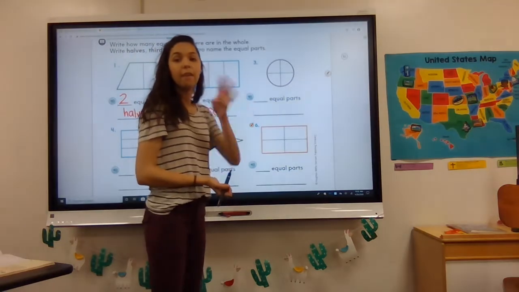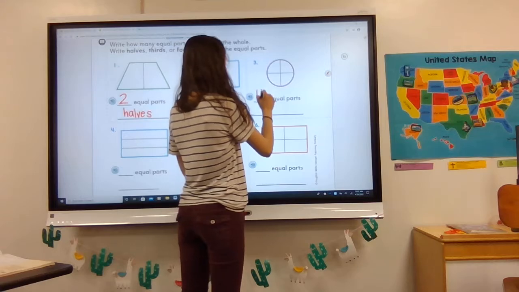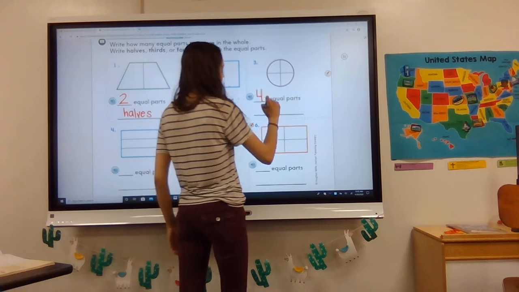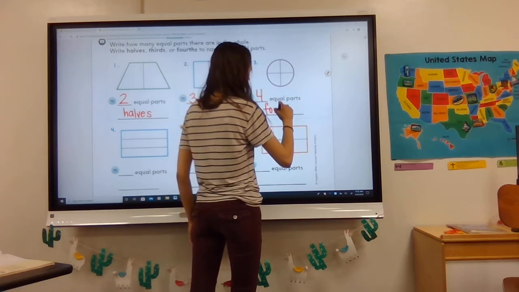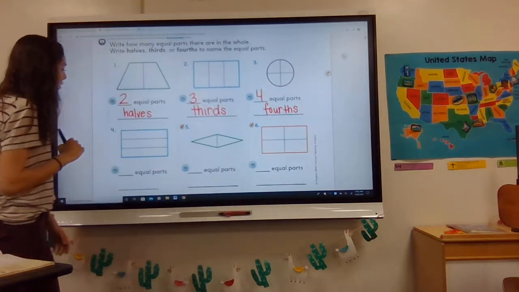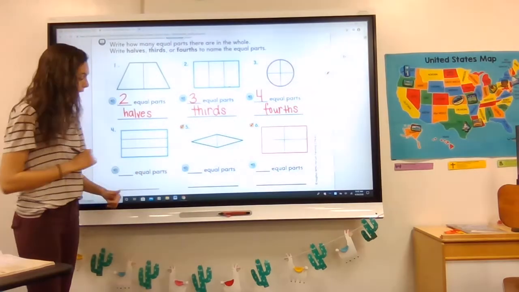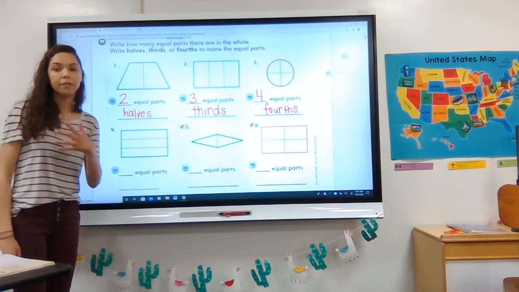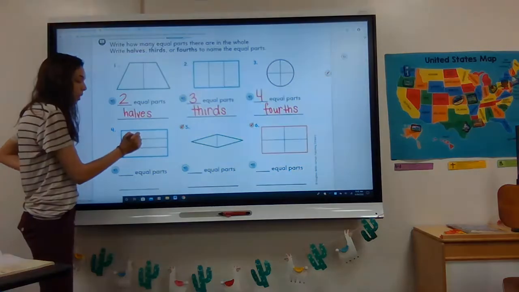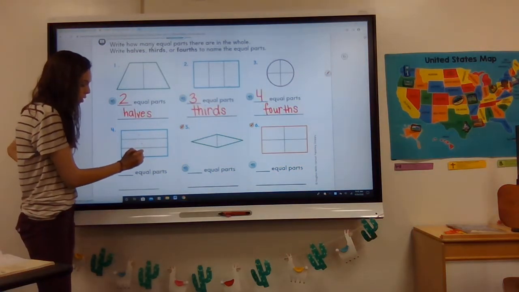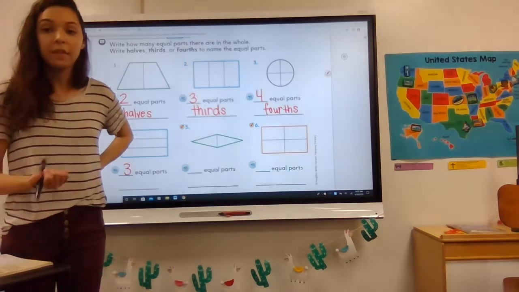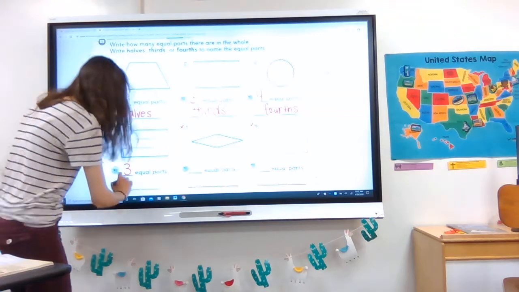How many? 4. 4 equal parts, fourths. Okay, now let's look at number 4. I have my shape here, and again, I've divided it into equal parts. How many equal parts? 1, 2, 3. So if that's 3 equal parts, that would be thirds.